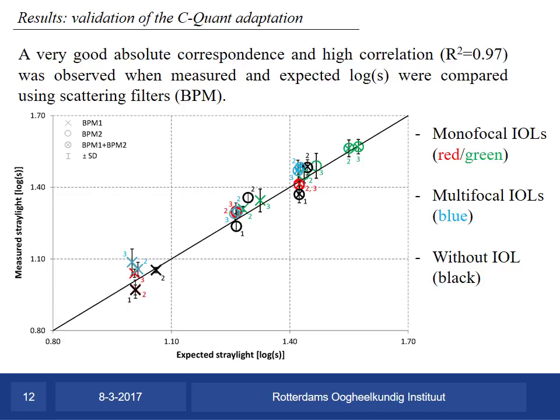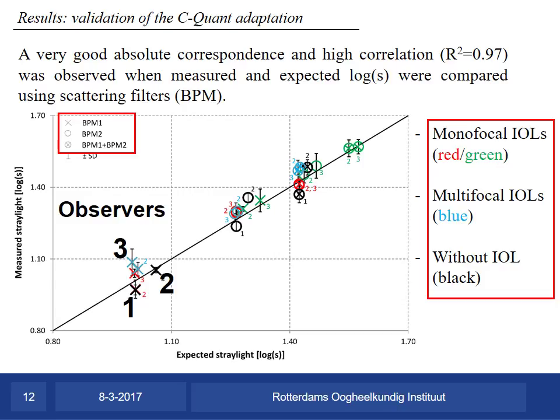But before I start to discuss them, I want to explain this quite complicated looking graph. As you remember, we used two scattering filters and their combination. We also assigned three observers with different straylight of their own eyes to perform validation of the setup. The observers measured two monofocal and one multifocal IOL, and the test was also done without any intraocular lens in place.